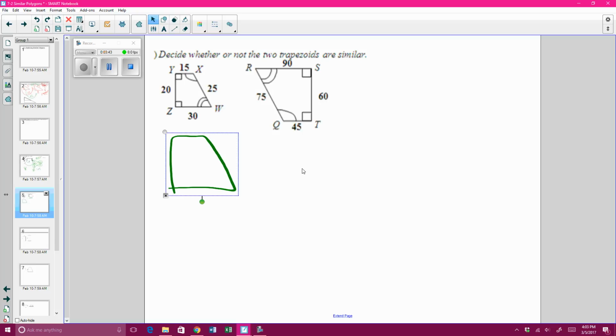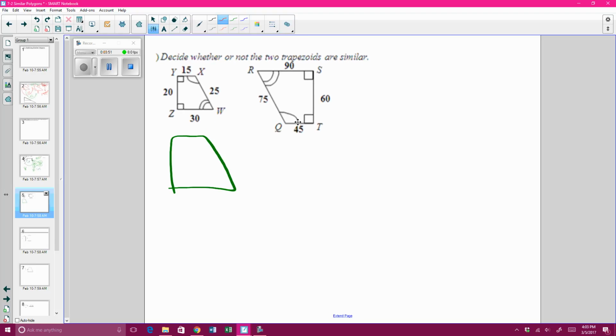So that was the original trapezoid. I just rotated it a little bit so that it would be matching up here. And so then I'm going to take the 45 and I'm going to put it where it originally was, which was at the top now. And then I'm going to take the 60 and put it over here. 90 goes down at the bottom and 75 goes there.